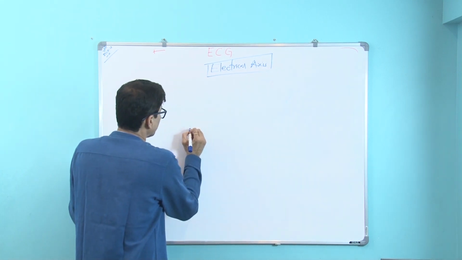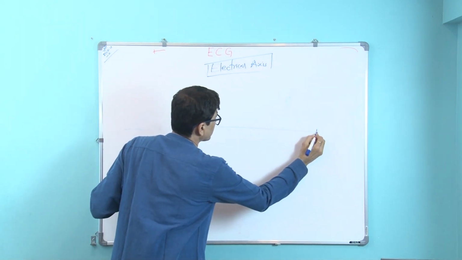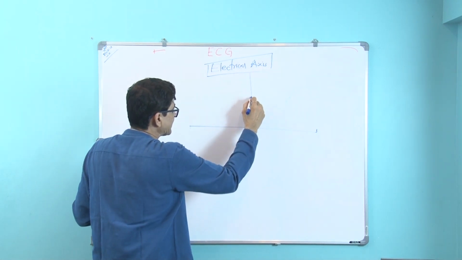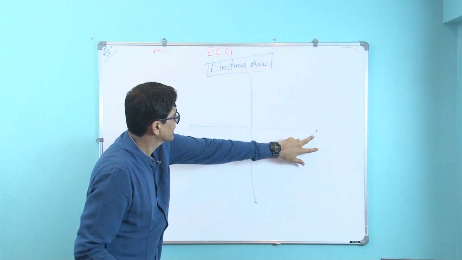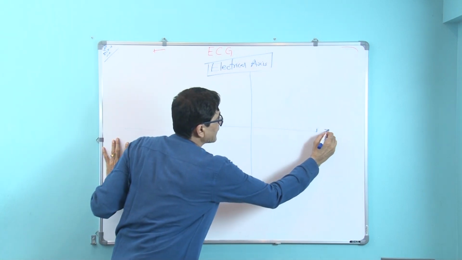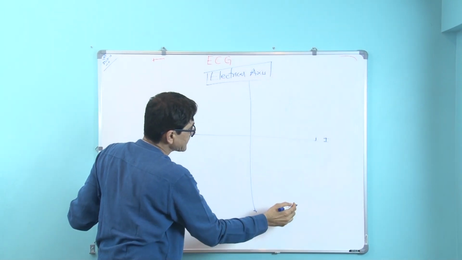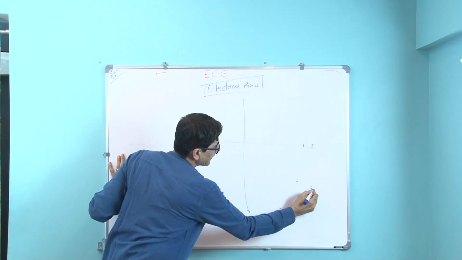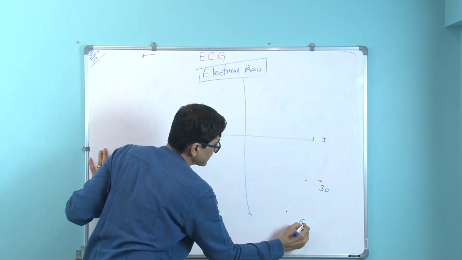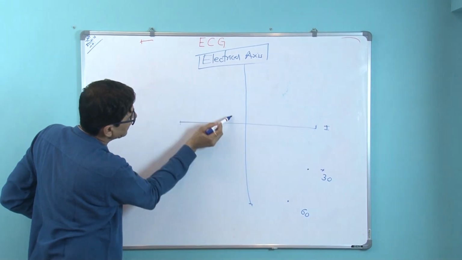This is lead 1, I will draw two axes like this, x and y, so it will be very easy to understand. This is lead 1 only, lead 2 is at 60 degree to the lead 1, so this is 30 plus, this is 60, so it will be like this.